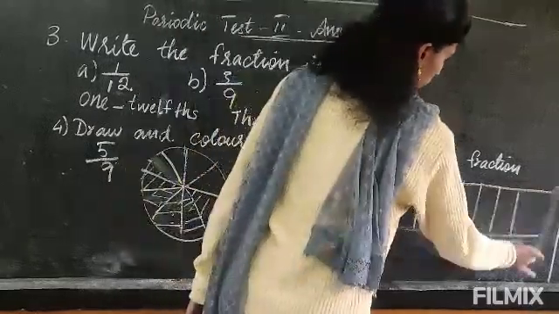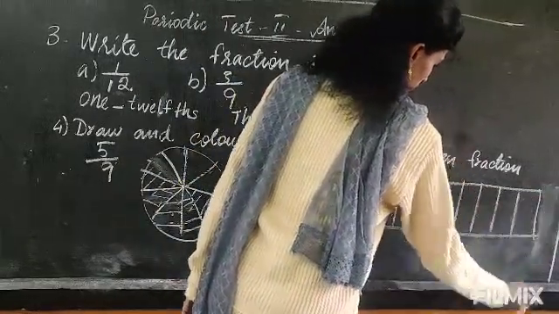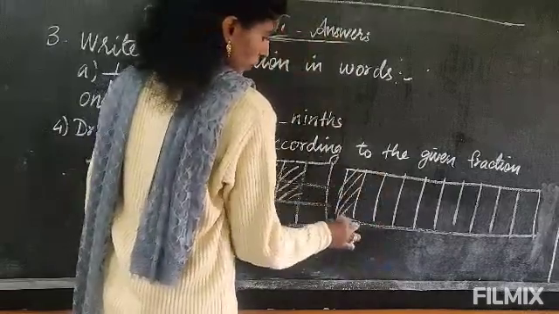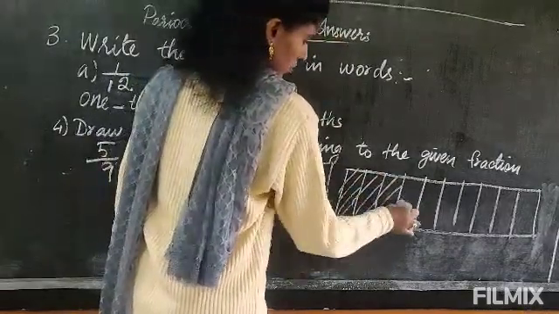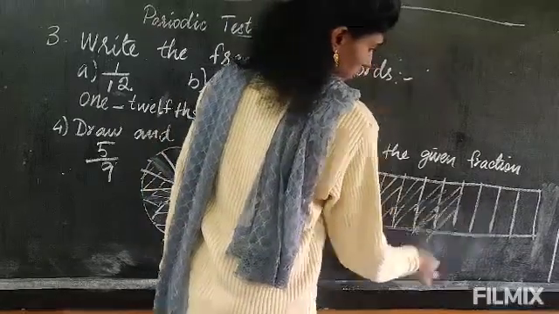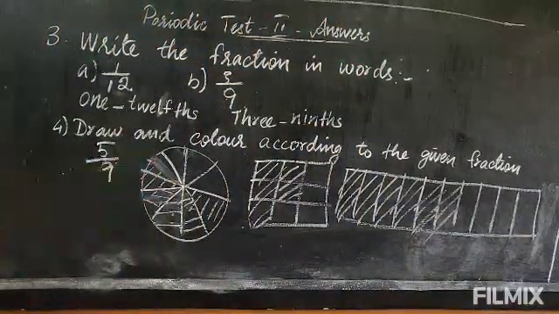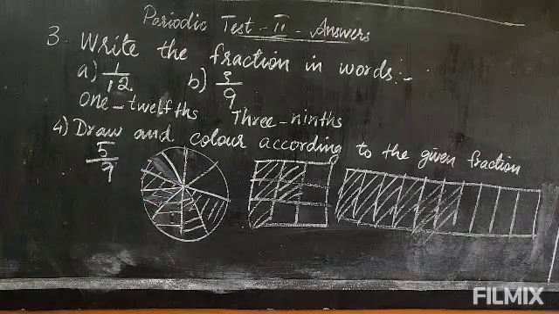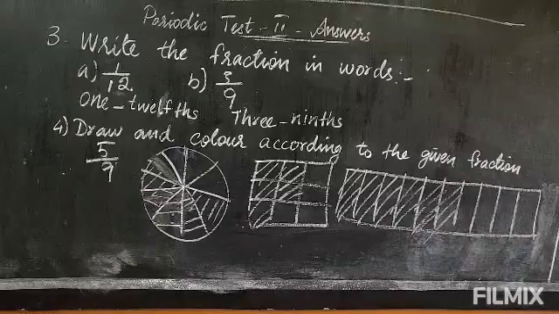It should be equal parts, and you have to shade the 5 parts. So this is one way you can draw the figure. And you have to draw this figure using a pencil, not with a pen. Now we will go to the next.